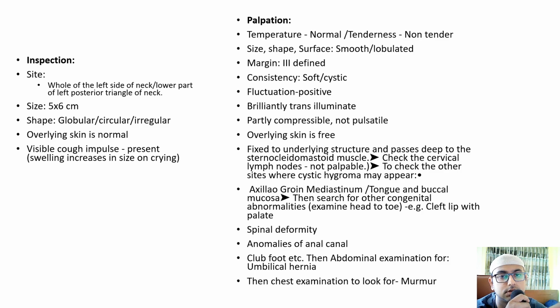So check for anomalies along with the cystic hygroma, like cleft lip, cleft palate, spinal deformities like spina bifida and meningocele, anomalies of the anal canal like imperforate anus, cleft foot, umbilical hernia, congenital annular pancreas or biliary atresia, and also cardiac murmur or any gap in the membranous or muscular layer like ASD or VSD.